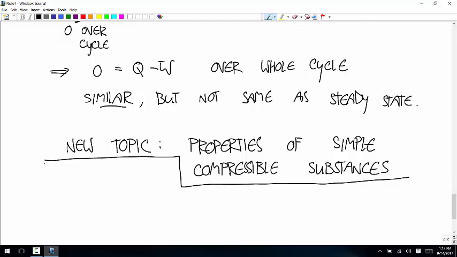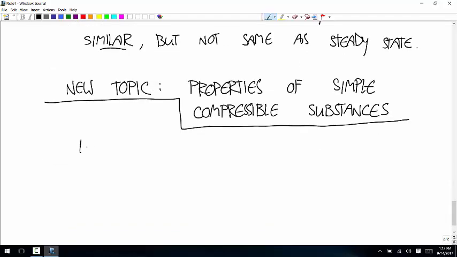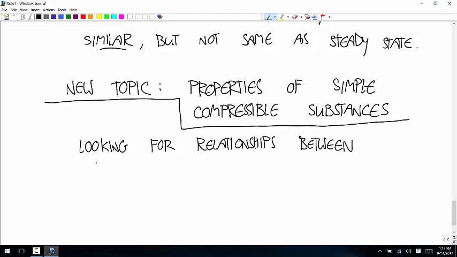So we're looking for relationships between properties.